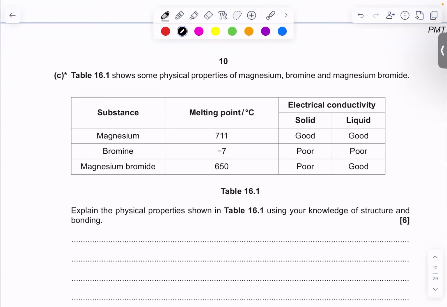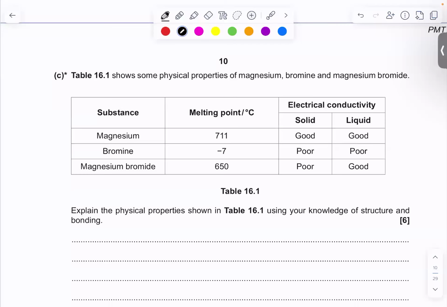Magnesium bromide in solid is not going to conduct electricity, and in liquid and aqueous form it is going to conduct electricity. However, bromine, in both solid and liquid columns, is poor because bromine is a non-metal, neither an ionic compound nor a metal. When we come to the metal, it is good because it has metallic bonding.